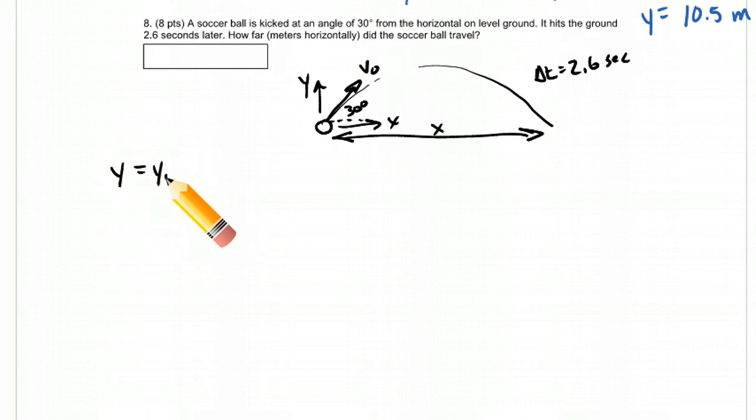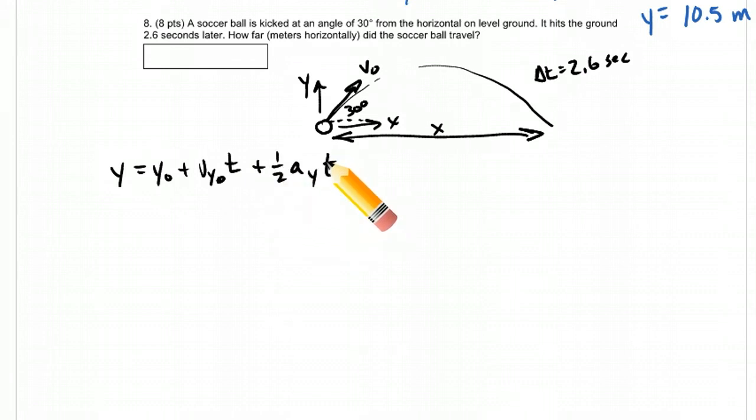y equals y0 plus vy0 times t plus 1/2 acceleration y t squared. The only thing we don't know in this equation is our vy0. Once we know that, we can use the angle to relate it to vx0 or v0.